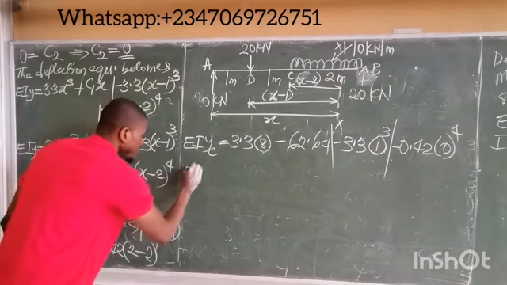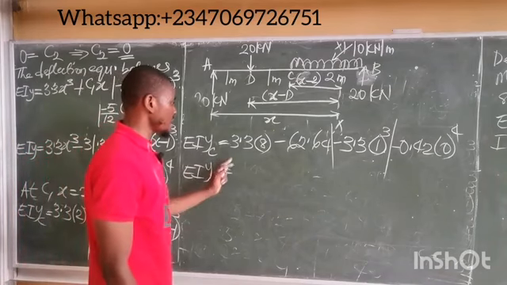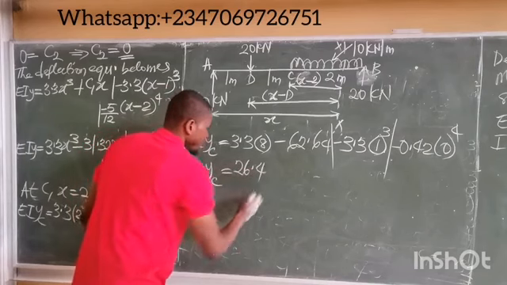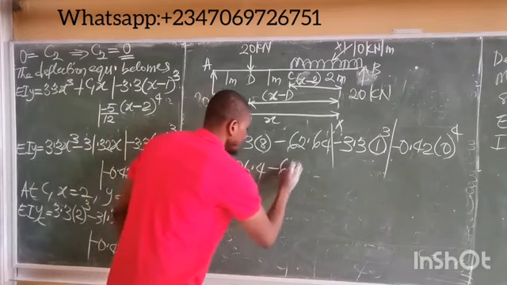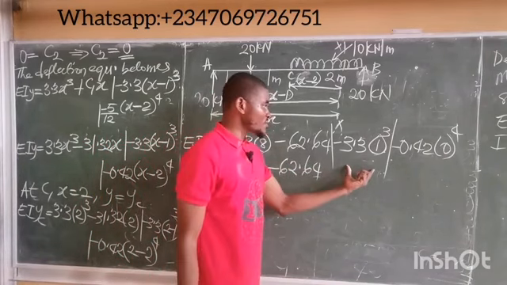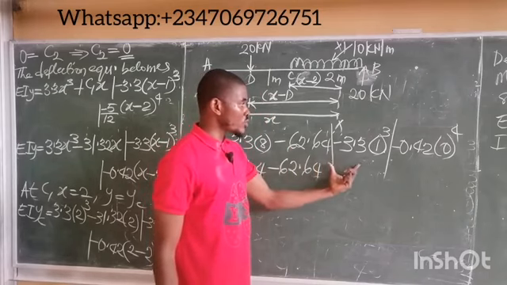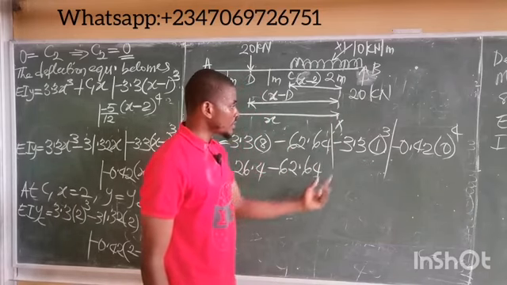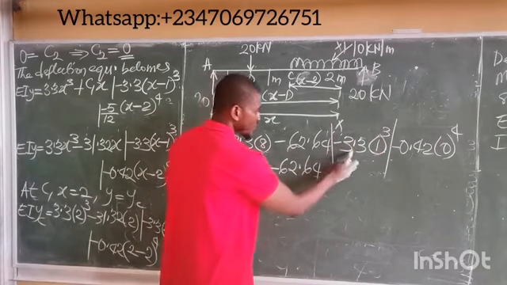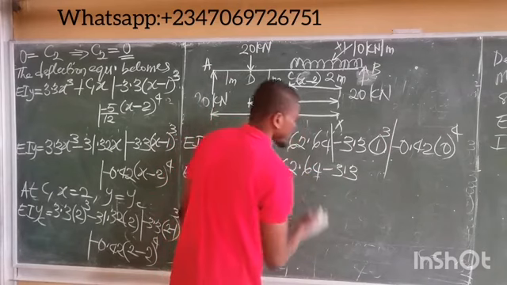So EI yc is now equal to 3.3 multiplied by 8, we have 26.4 minus 62.64. Of course, in this Macaulay's bracket now, we have a positive value, so that means it's going to hold. We need to take off the bracket now. So 1 cubed is still 1, so we simply have minus 3.3 times 1, which still gives us minus 3.3.